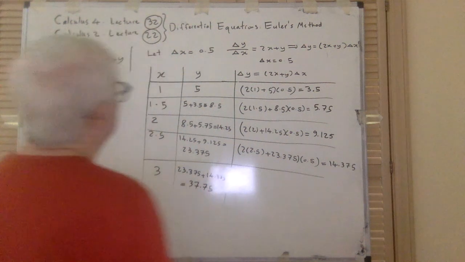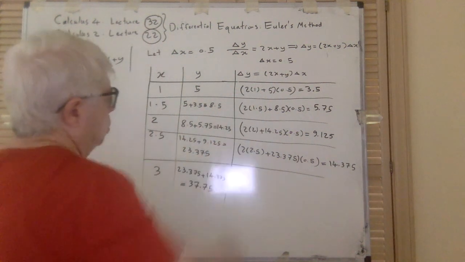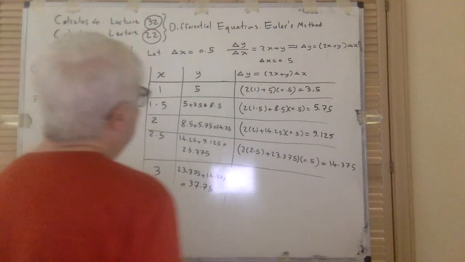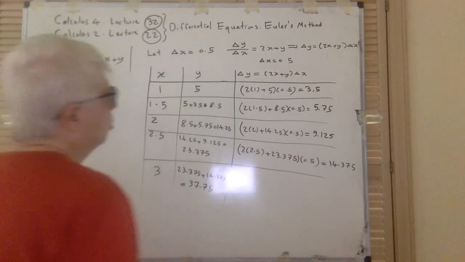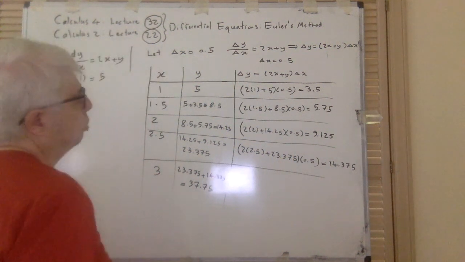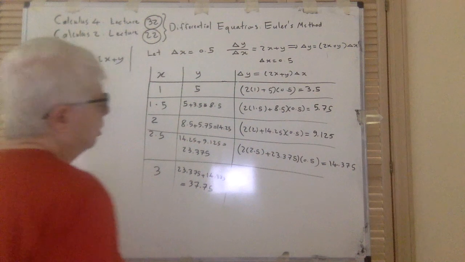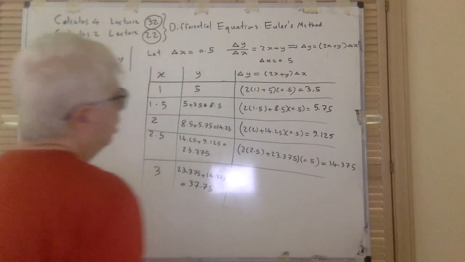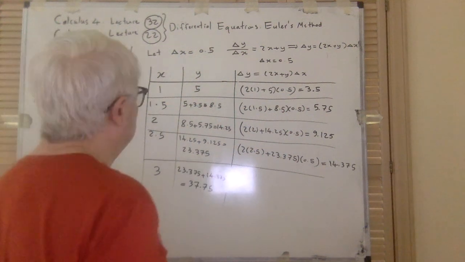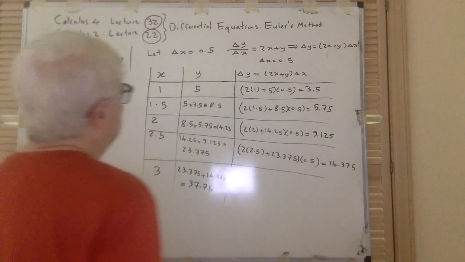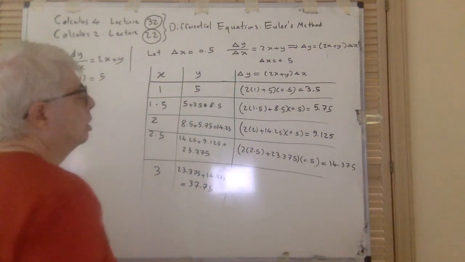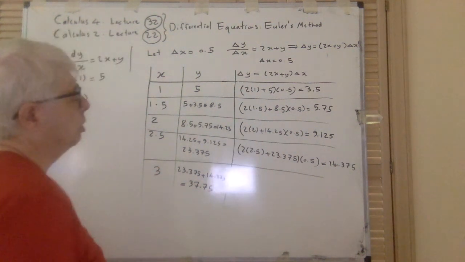So let me double check. So that is 2 plus 5, that's 7, that's 3.5 is correct. That is 8.5, 2 times 1.5, that is 3, 11.5 times 0.5. No, I think that's correct. So then adding this, that is 5. Correct. Then that's 14.25, which was correct.